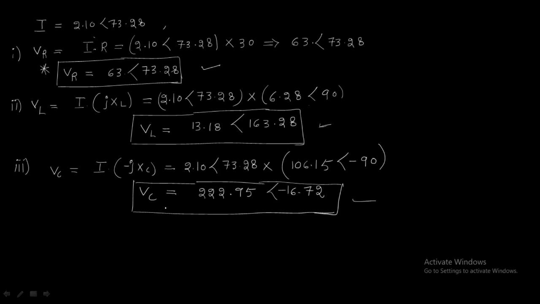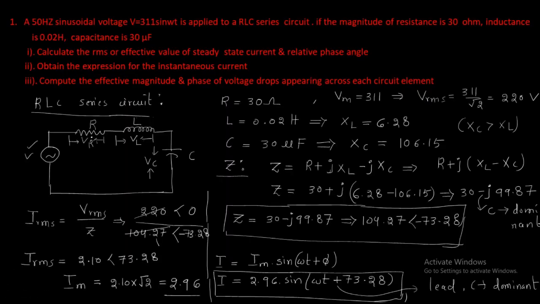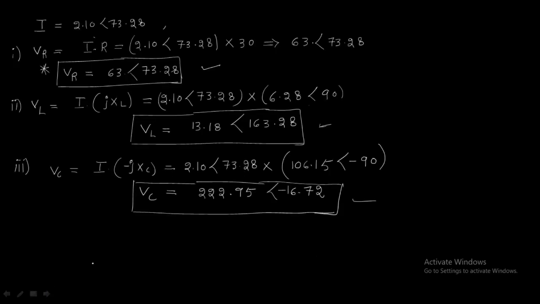So whenever three elements are given, that is resistance, inductance and capacitance, this is the procedure to find the RMS current and instantaneous current, as well as the voltage drop across the resistor, inductor and capacitor.